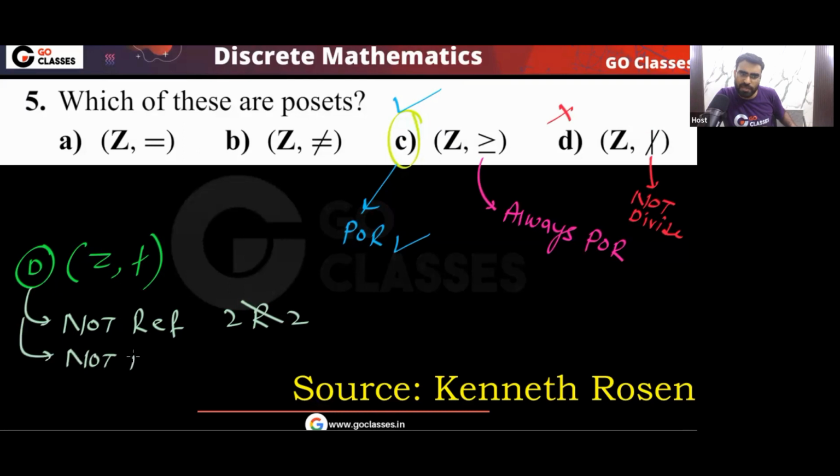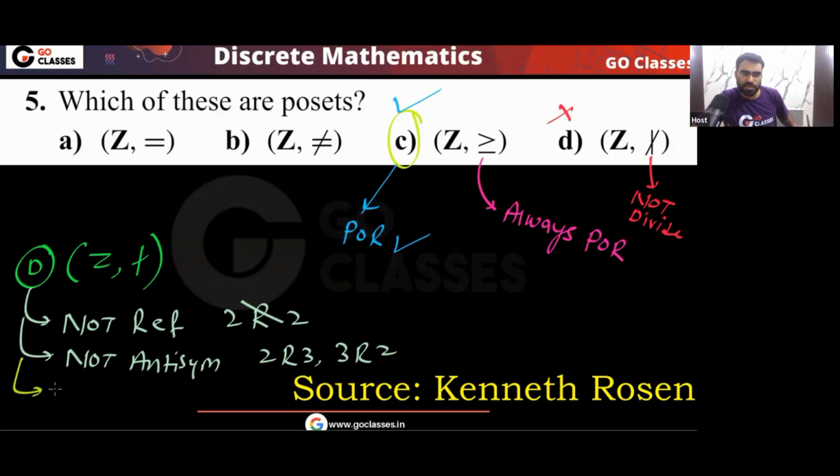This is not anti-symmetric also. Why? You can see 2 is related to 3 and 3 is related to 2, because 2 does not divide 3 and 3 does not divide 2. So very simple, this is not anti-symmetric.